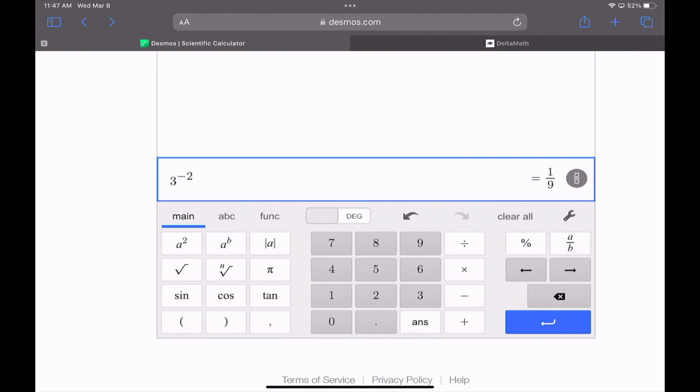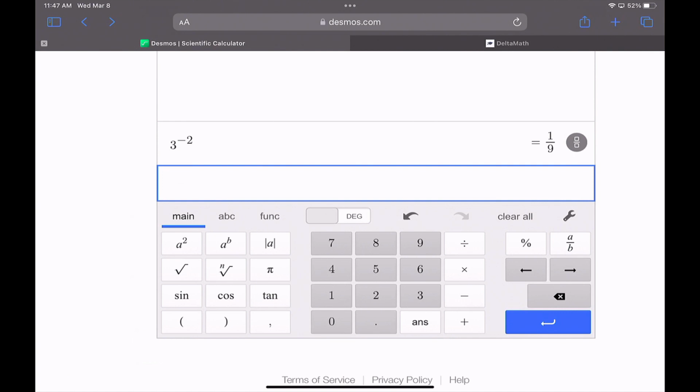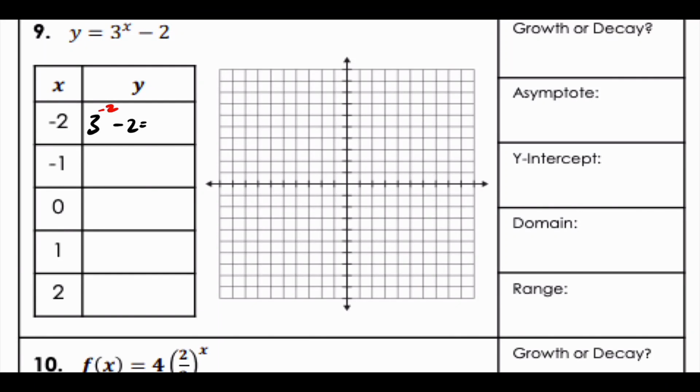It won't do that for letters. It wouldn't have helped you last chapter because last chapter we had like x to the -2. It won't do that, but it will help you with numbers. So I have 1/9 minus 2 whole.